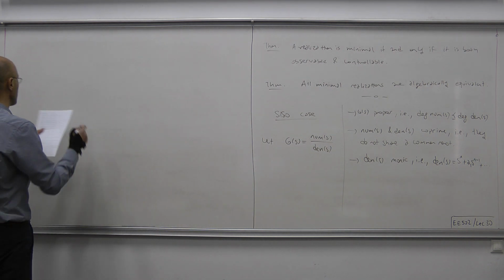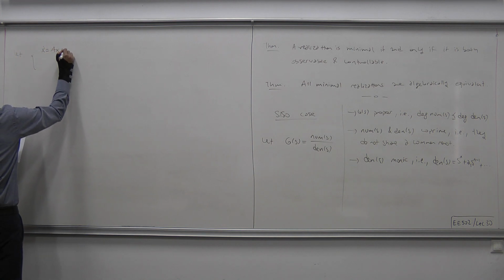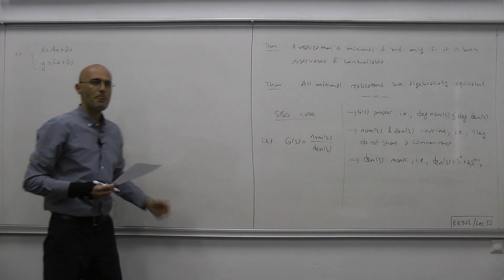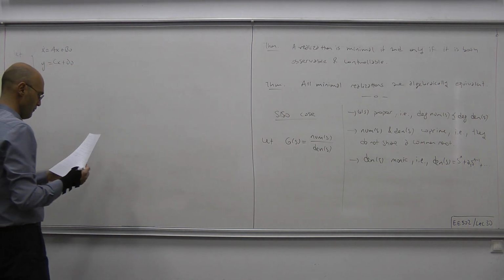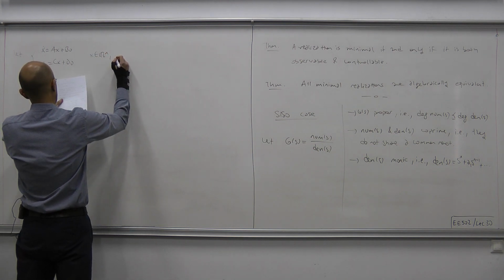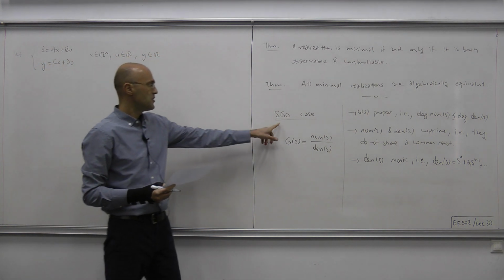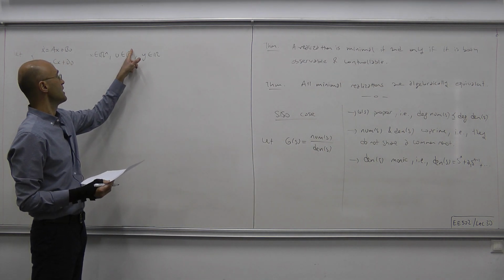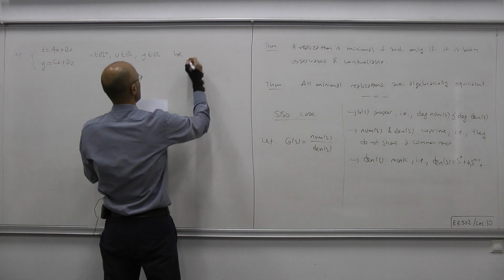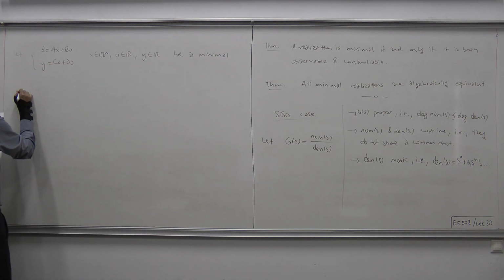Let x dot equals Ax plus Bu, y equals Cx plus Du be a minimal realization of this g of s. x is in R^n, u is in R, and y is in R, because we're considering the single input, single output case, k is 1 and m is 1. So let this be a minimal realization of g of s.